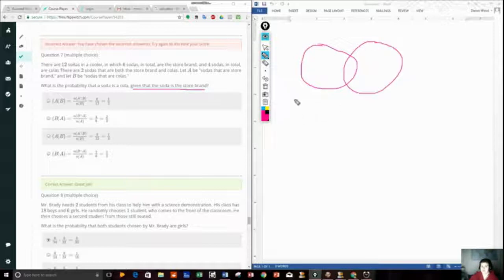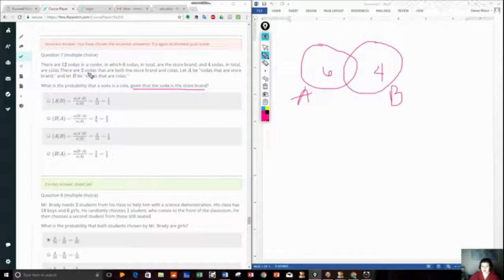So if this is going to be A, sodas that are store brand, and B, sodas that are colas, then I'm going to draw this in which 6 sodas in total are the store brand. That means everything in here has to be 6, and 4 sodas in total are colas.